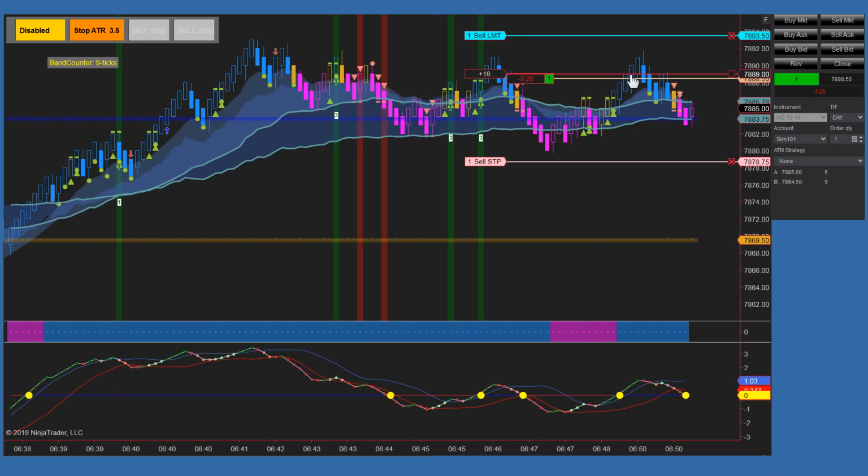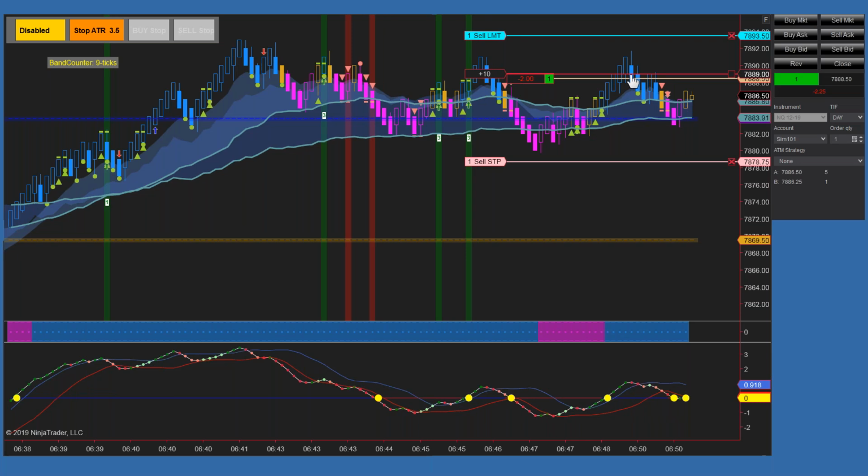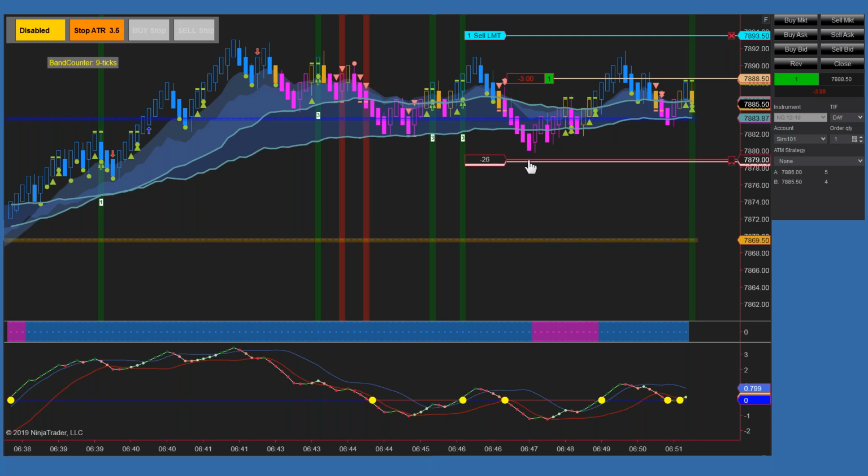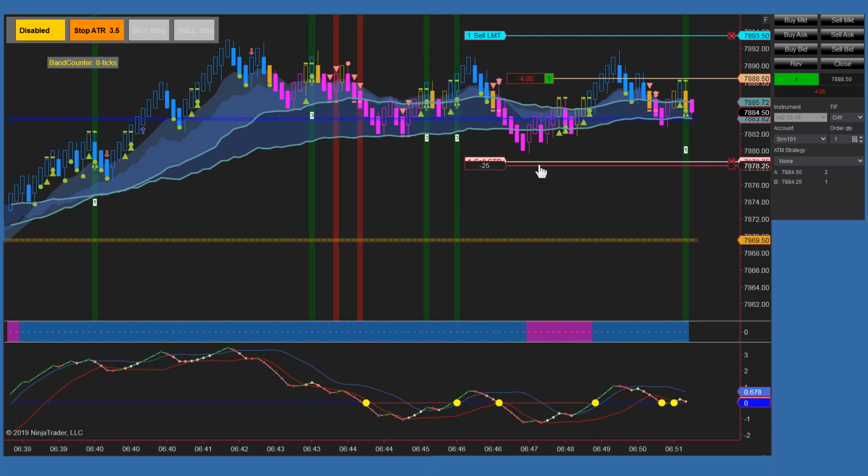Look at that. 0 follow through. What's going on? Note the two swings again. Now we have swing one, swing two, so our stops are still in the correct place.